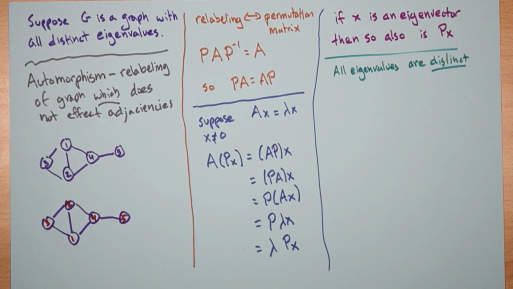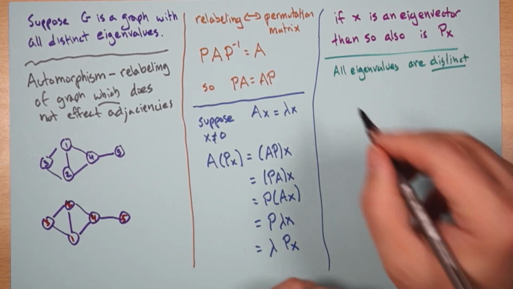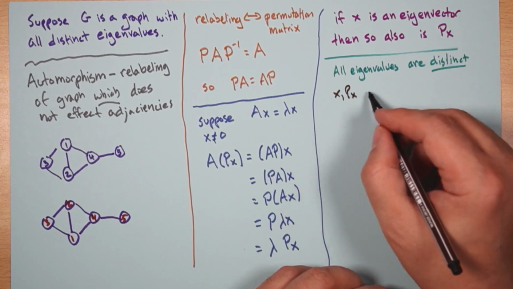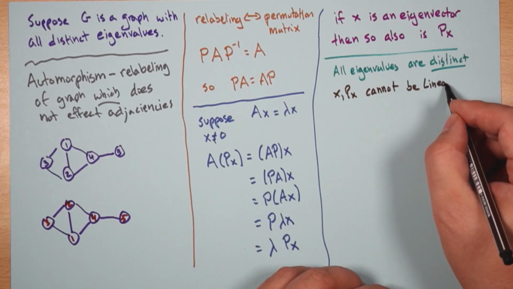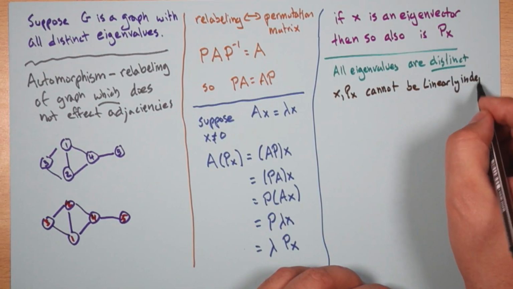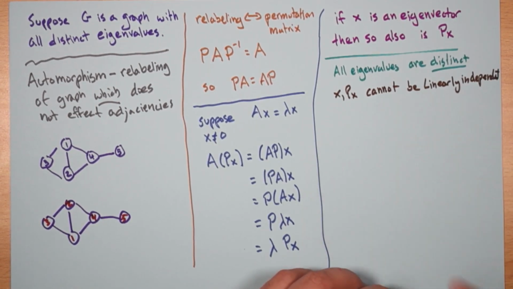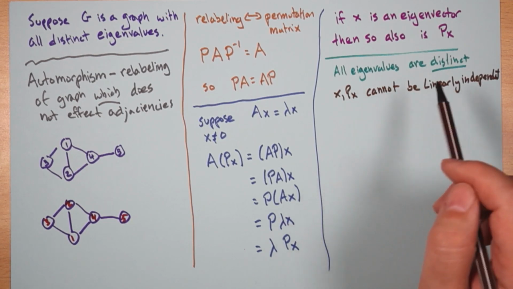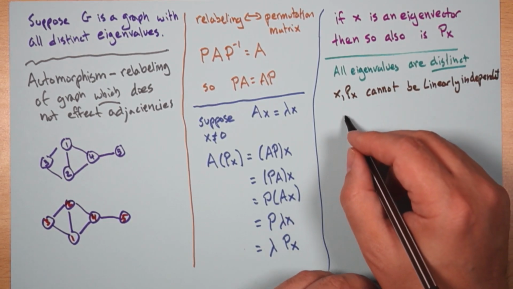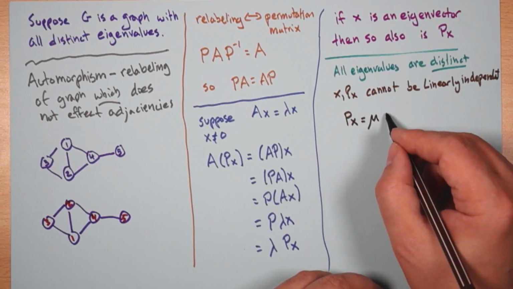Well, the thing is, they can't be linearly independent. Why? Well, if they were, then you would have at least dimension 2 in your eigenspace, because you have two different vectors. And that's not possible, because to say all eigenvalues are distinct says each eigenspace has dimension 1. So that says that if I look at P times x, it's some multiple, we'll call it mu times x.